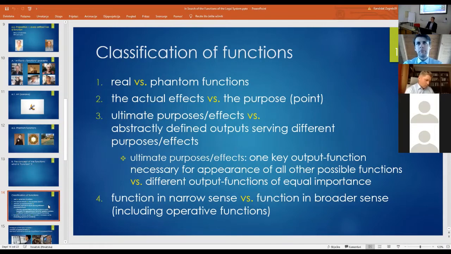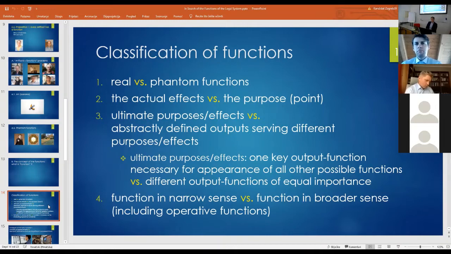We could distinguish actual function as producing actual effects for the purpose of the function. And there is also an obvious answer to this: most people think that the function is the purpose of the thing, but which is concerned with actual effects.